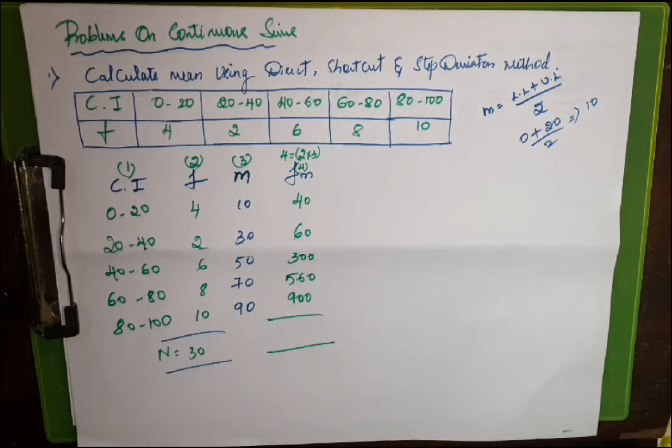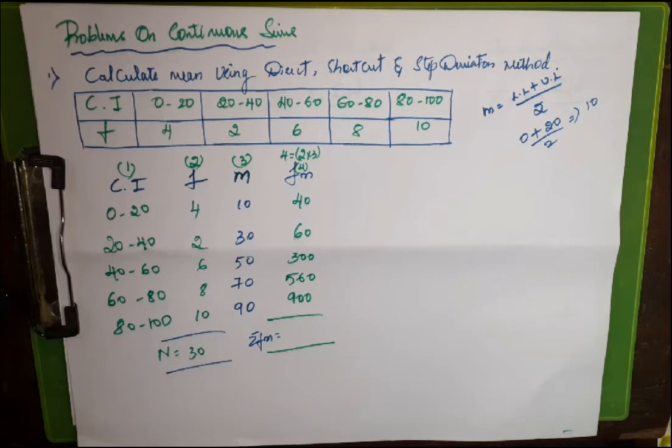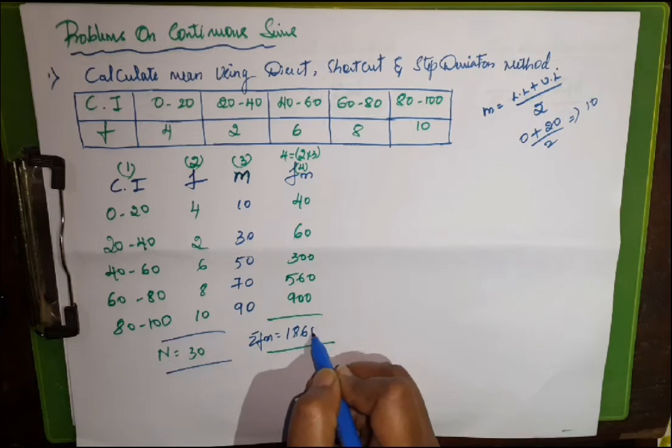Make a total of this and name it sigma Fm. So sigma Fm is 40 plus 60 plus 300 plus 560 plus 900, which is equal to 1860.